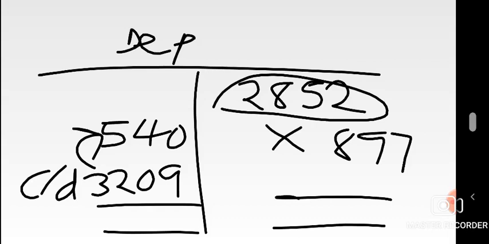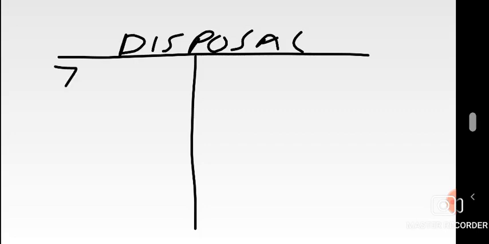Look at the next one. How do I test for profit or loss on disposal? Well, get back to your knowledge on disposal accounts. Those accounts are very key when calculating whether you have a profit or a loss on disposal. So a disposal account shows you whether you make a profit or a loss. What goes in the disposal account? The cost of the asset being sold.